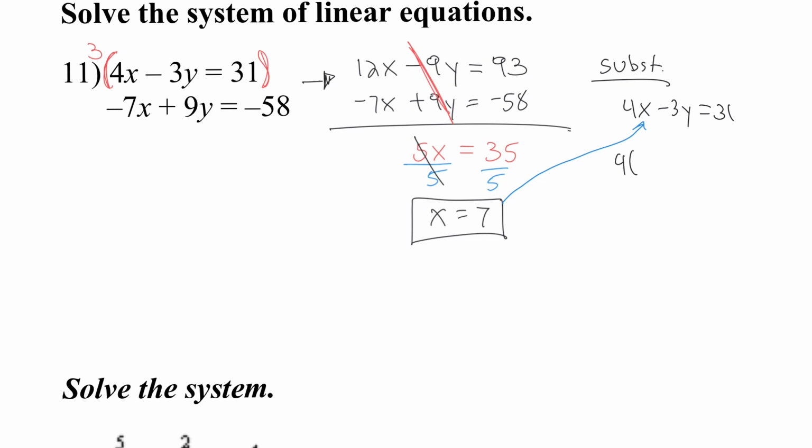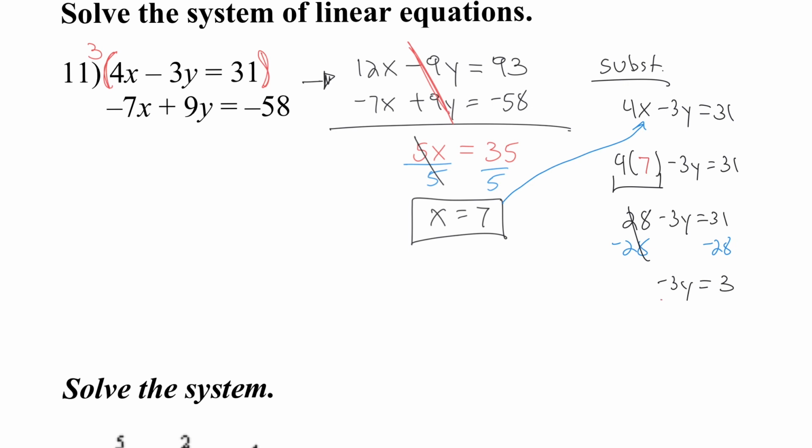So 4 times 7 minus 3y equals 31. So 4 times 7, that's 28, minus 3y equals 31. Subtract 28 from both sides. So negative 3y equals 3.